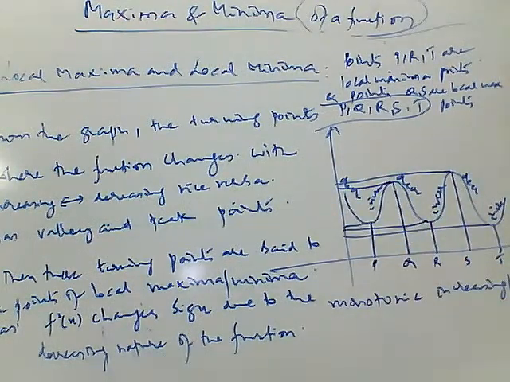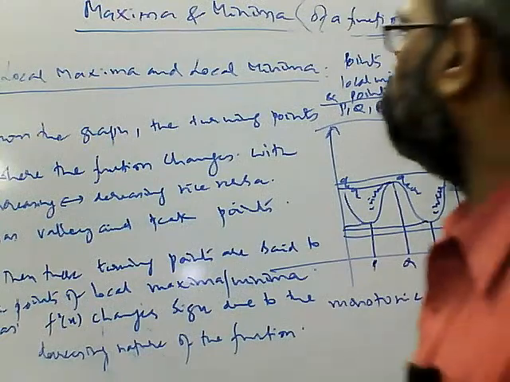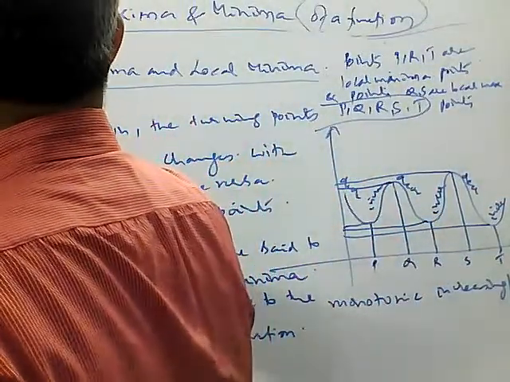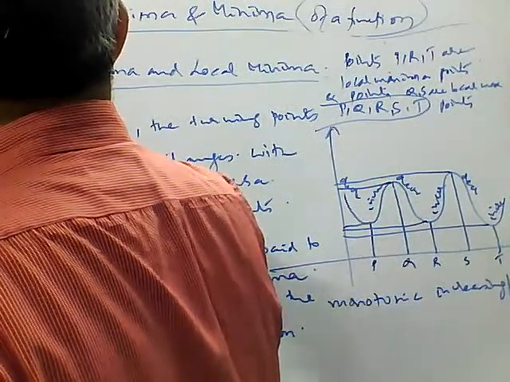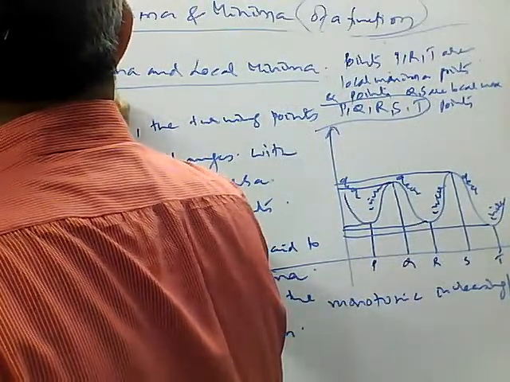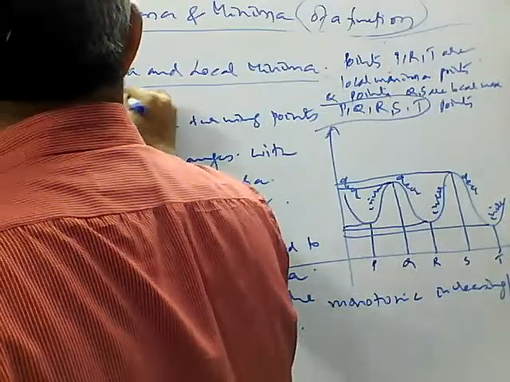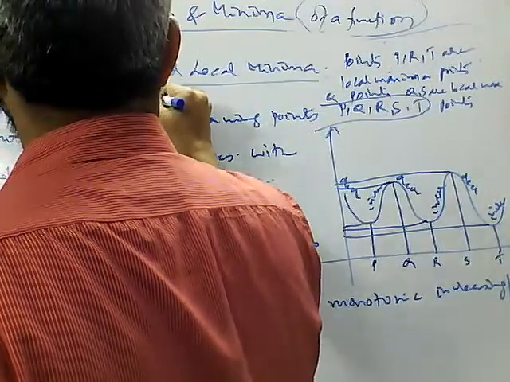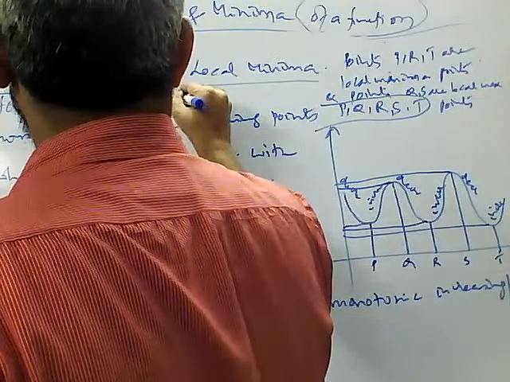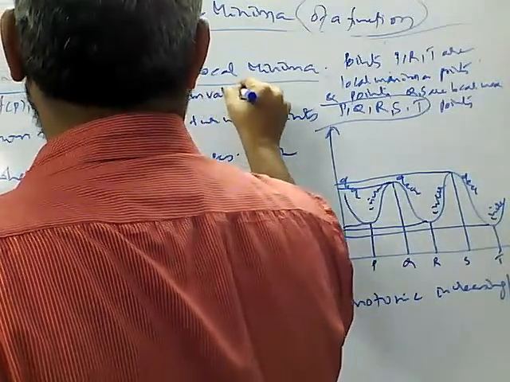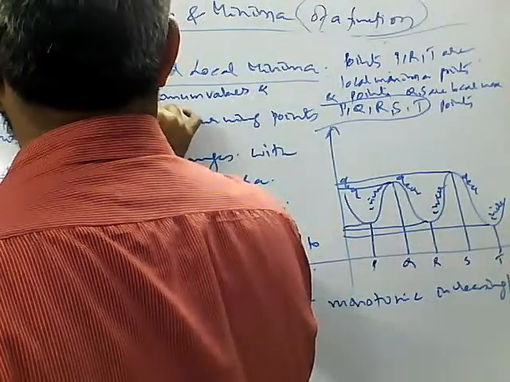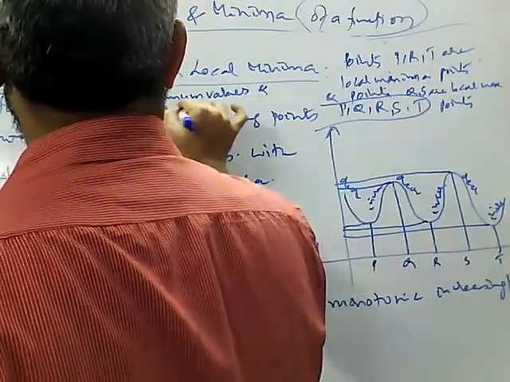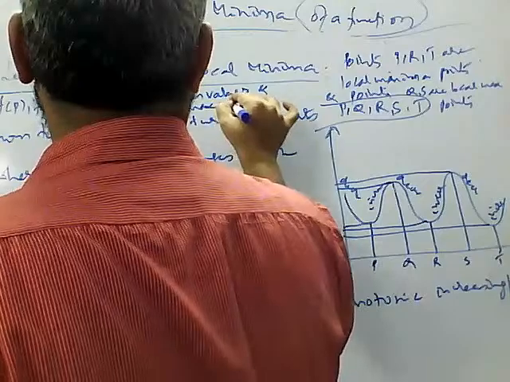Are you clear? So respectively, similarly, F of P, F of R, F of T are minimum values, and F of Q, F of S are maximum values.